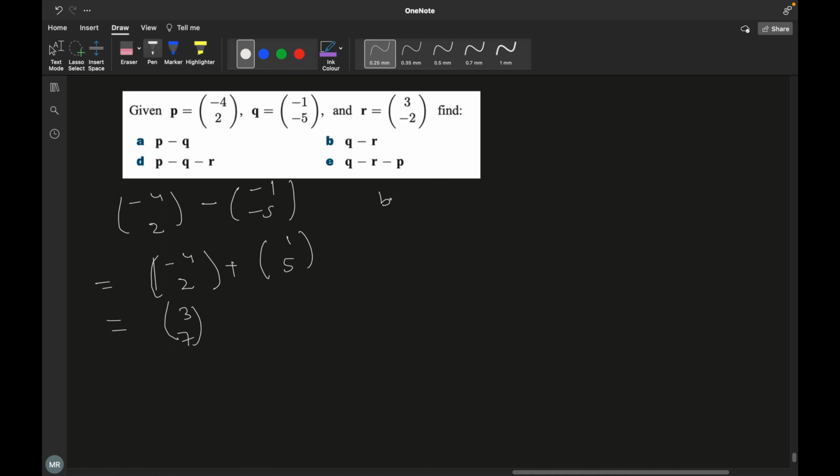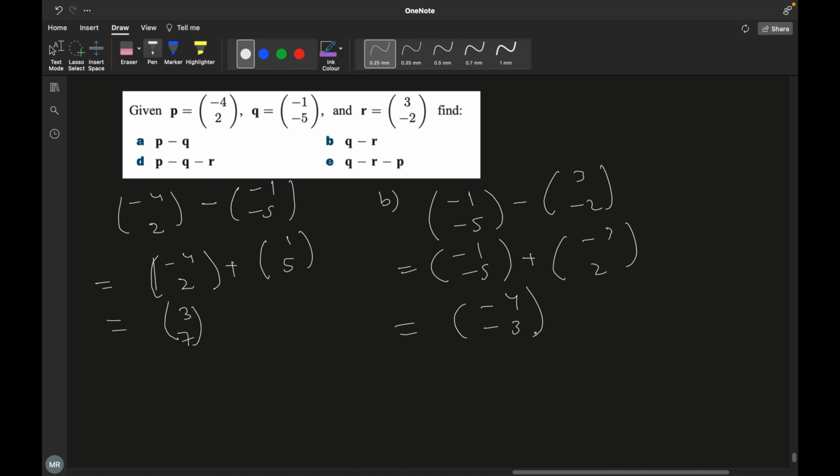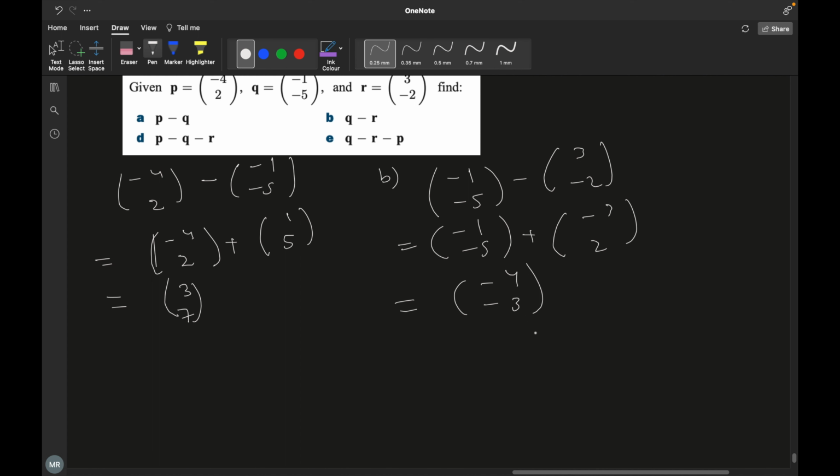Let's do b. Q minus r. And then we have b, which is p minus q minus r.